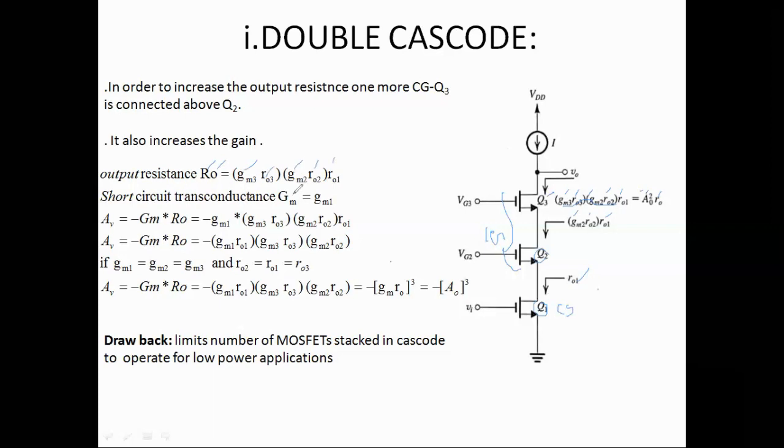This is the output resistance of the Q1, Q2, Q3 stack. You know that the short circuit transconductance equals gm1, so Av equals minus gm into R0, which is minus gm1 into gm3 r03 gm2 r02 into r01.